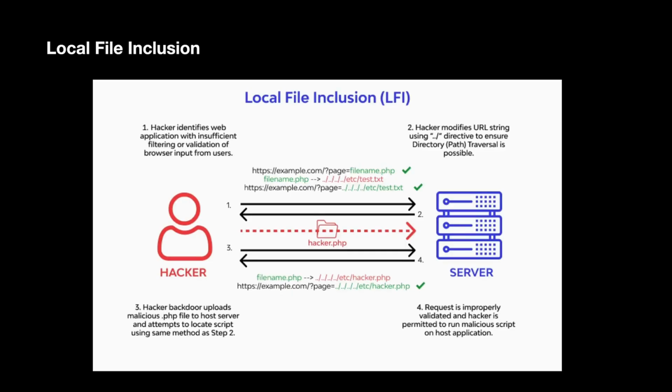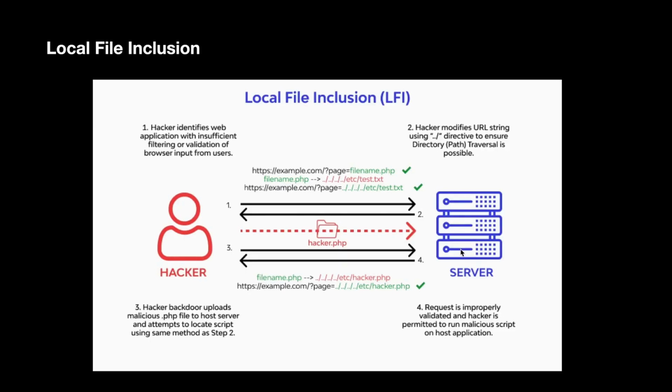Then the hacker uploads a malicious .php backdoor to the host server and attempts to locate the script using the same method as step 2. The request is improperly validated, and the hacker is permitted to run the malicious script on the host application.